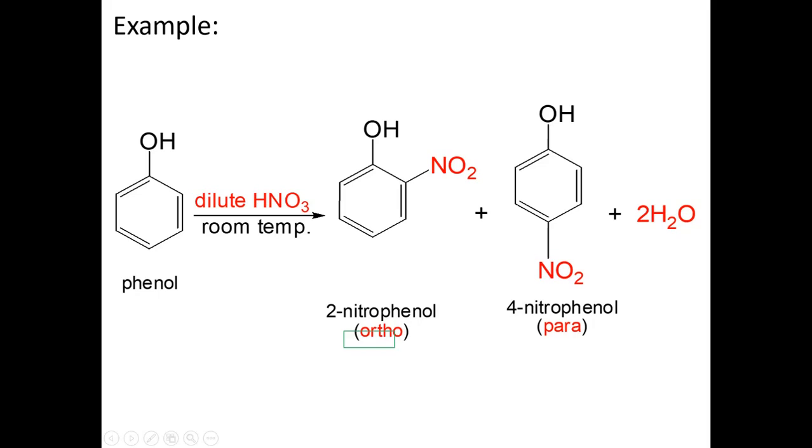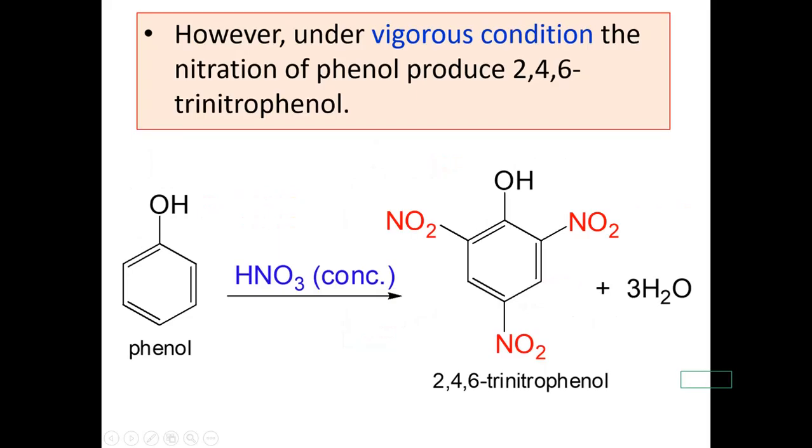So here is 2-nitrophenol and 4-nitrophenol. Location 4 again is para. Location 2 is ortho. However, under vigorous conditions, the nitration of phenol produces 2,4,6-trinitrophenol. This means that you need to use concentrated nitric acid. So you will get this compound.